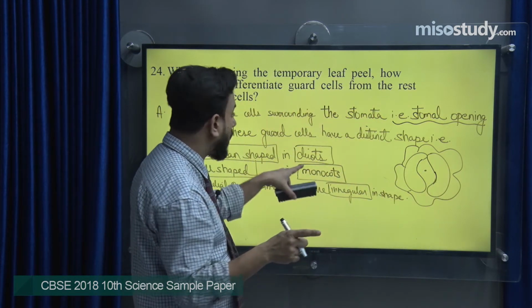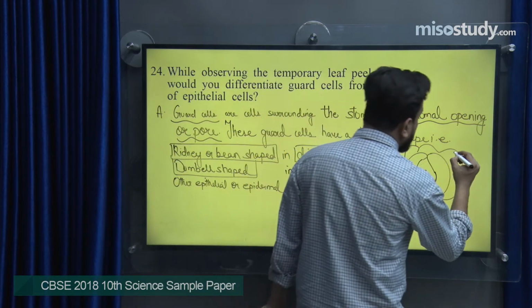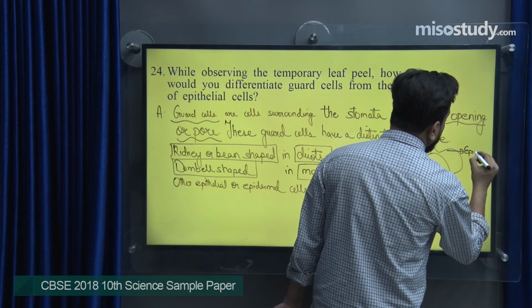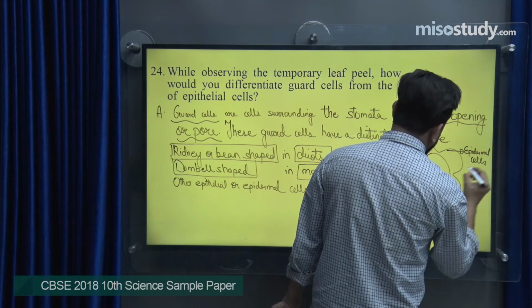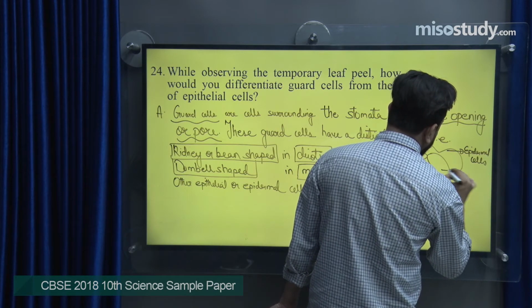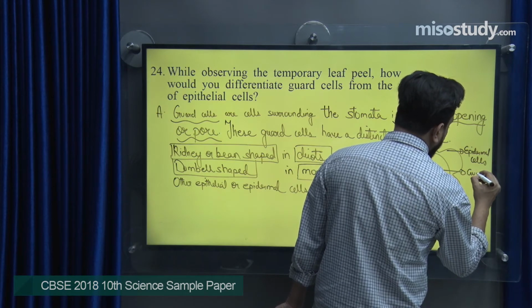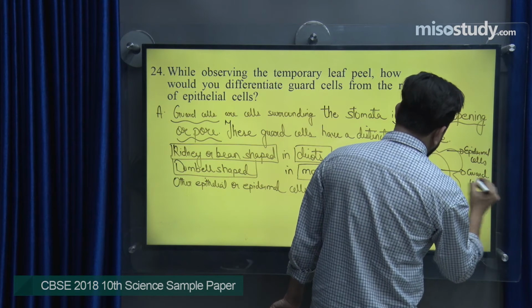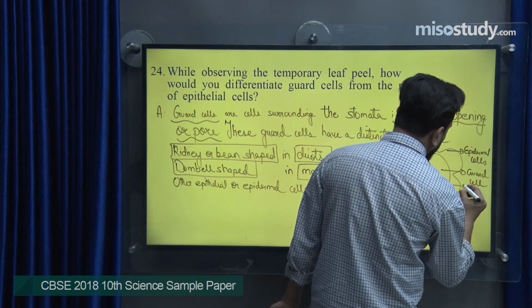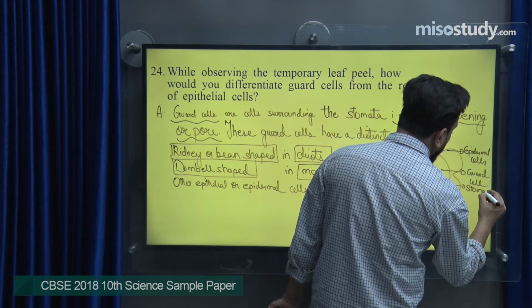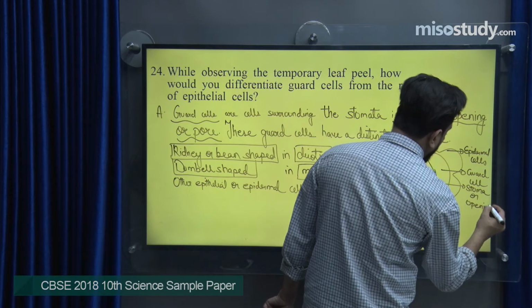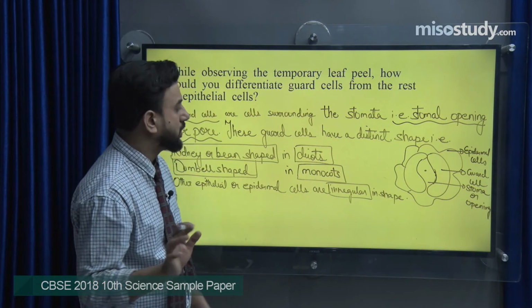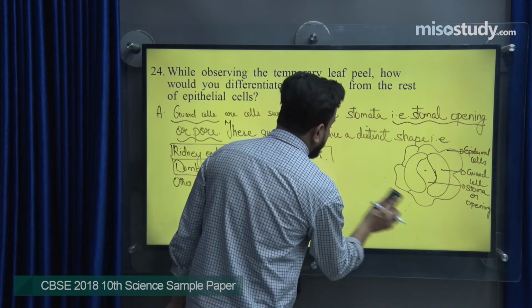That means this is a dicot leaf, and these are the other epidermal cells. This is the guard cell. This is the stomatal opening or the pore, the stoma or opening. Okay, got it? Now we will see the other difference.